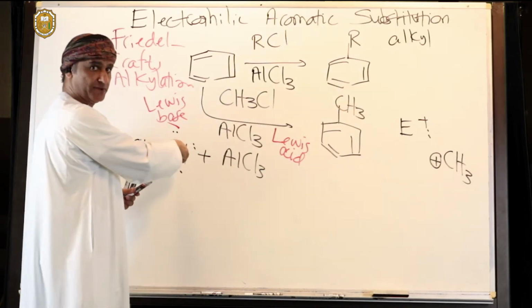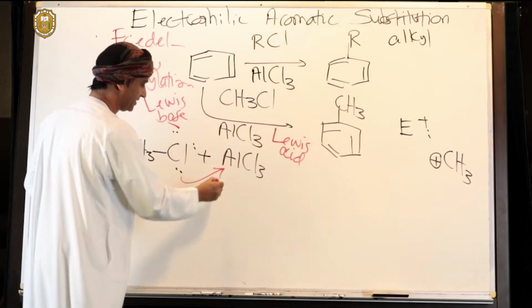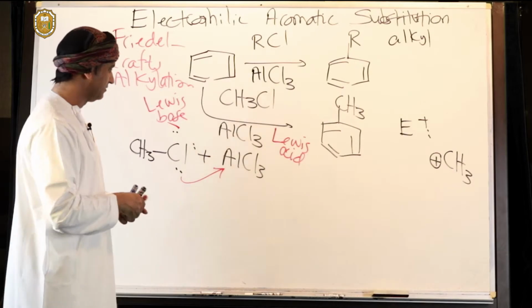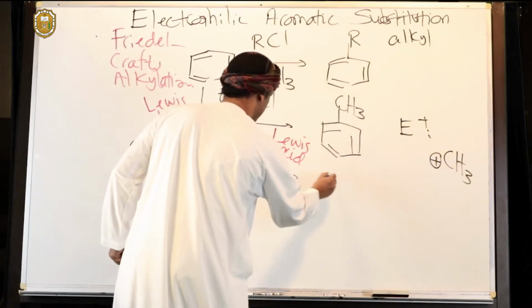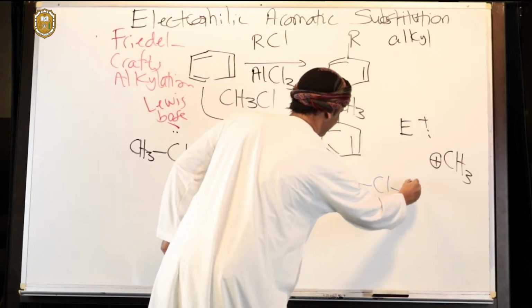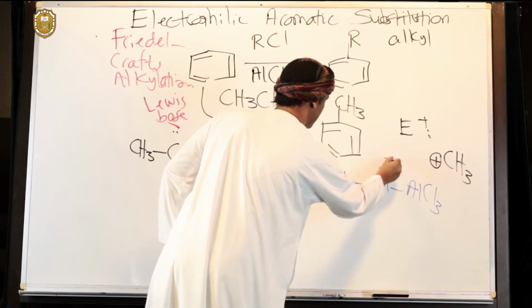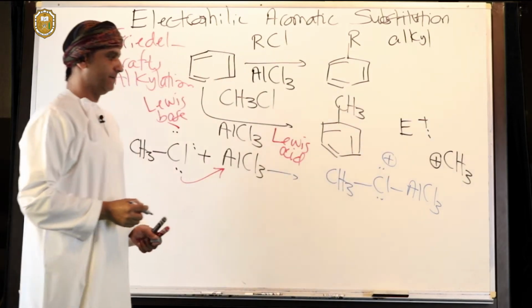We take one of the lone pairs on chlorine. We make a bond between chlorine and aluminum, as indicated by that curly arrow, and then we get something like this as an intermediate, where chlorine has a positive charge.